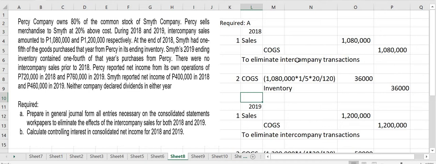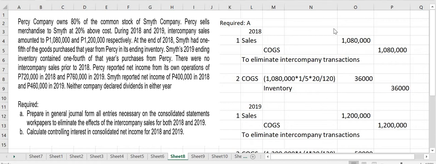Since 1/5 remained in the ending inventory, the computation for the unrealized gross profit is 1,080,000 times 1/5 to get the ending inventory, then times 20 over 120 to determine the markup. Therefore the markup included in the inventory is 36,000. To report inventory at cost, we are to eliminate the markup, so we debit cost of goods sold, credit inventory for 36,000.